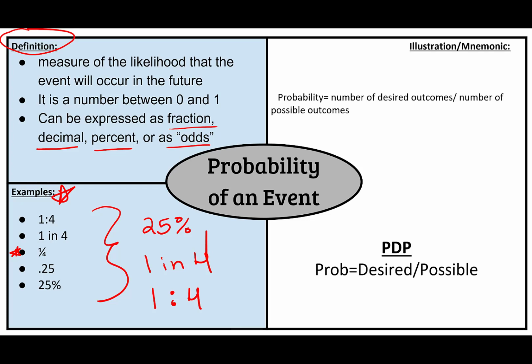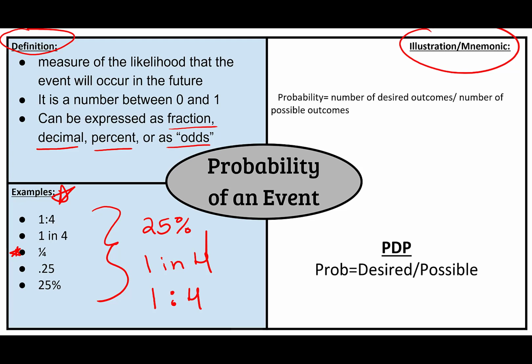Calculating probability is the next section over here in the illustration mnemonic section, which we'll chat about briefly. You guys will be calculating probability this year, and I have a quick, short little phrase mnemonic to help you remember that. The way that we understand probability is that it equals the number of desired outcomes over the number of possible outcomes.